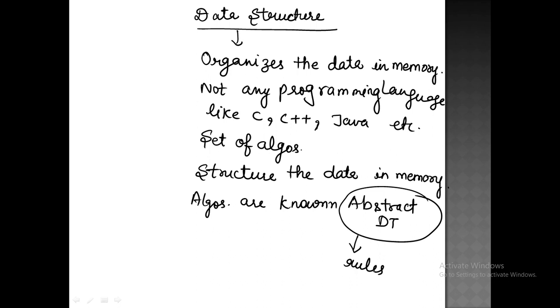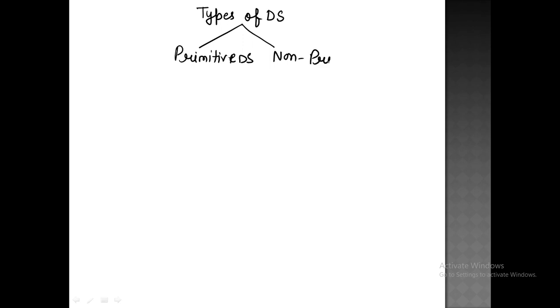Now I am going to discuss types of data structure. There are two types of data structure. First is primitive data structure. Second type is non-primitive data structure. Primitive data structure includes built-in data types.